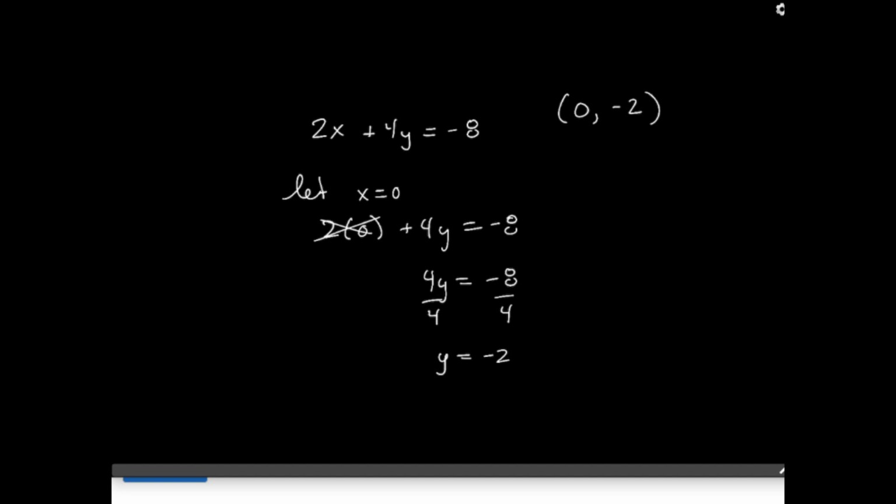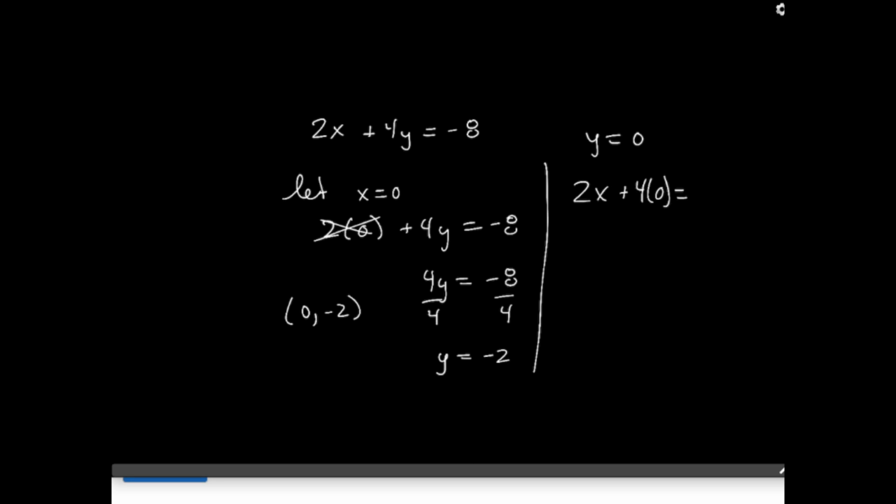The second one I want to go ahead and do is let y equal 0. So that is just 2x plus 4 times 0 is equal to negative 8.